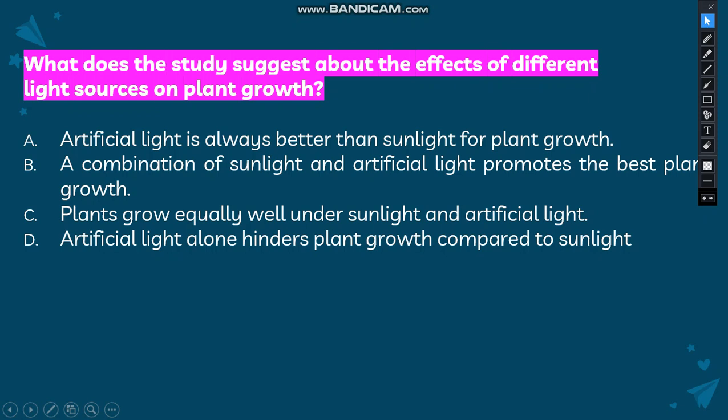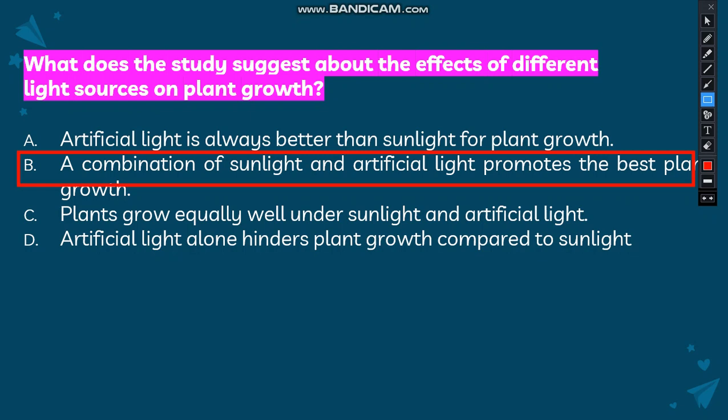So the nature of the question is analytical. We are going to analyze all the possible options here, and then we are going to reach, according to the text, the right answer: a combination of sunlight and artificial light promotes the best plant growth.